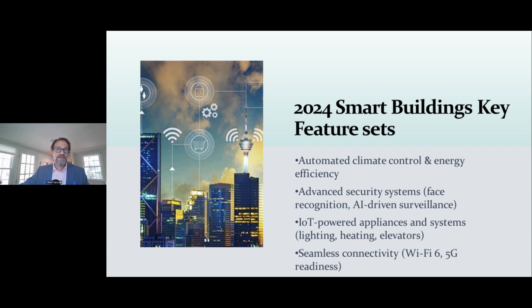So now we look at the smart building feature sets, and smart buildings are really an extension of a smart city. And there's been tremendous technology advancements since the original Smart City Challenge back in 2015.